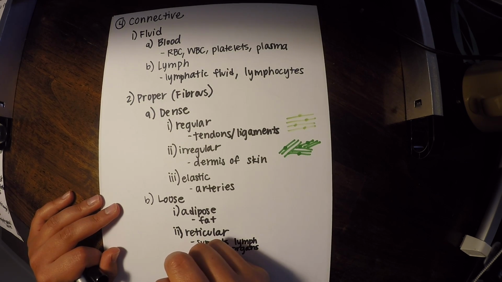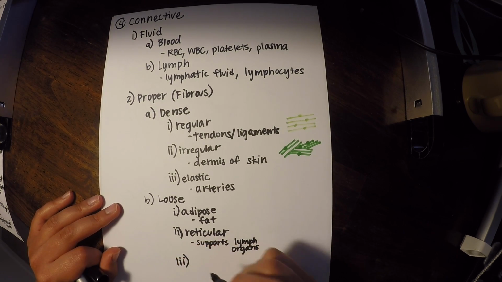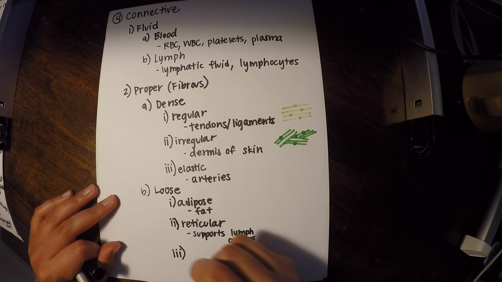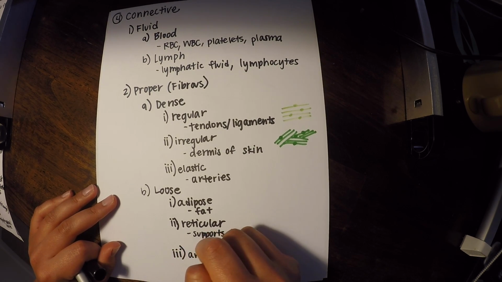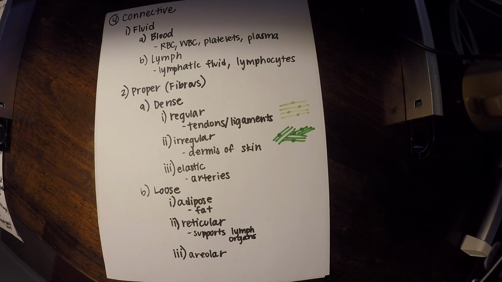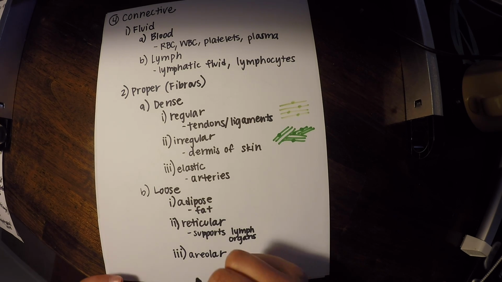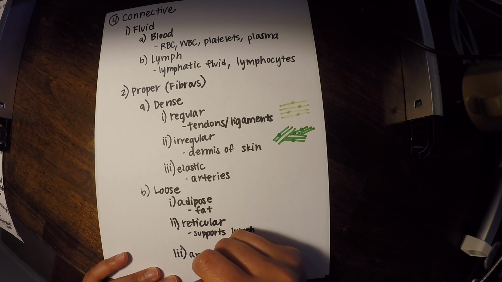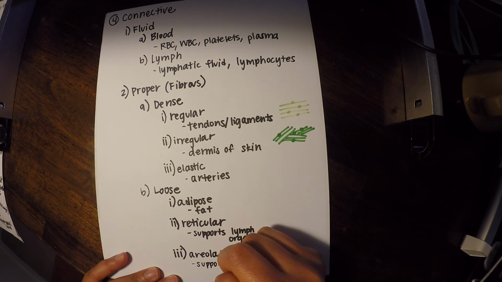And then our last type is areolar. And this areolar tissue is in a bunch of different locations, like the dermis of the skin and part of the digestive system, but essentially it's just supportive as well.